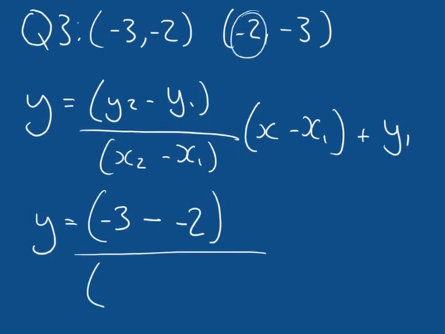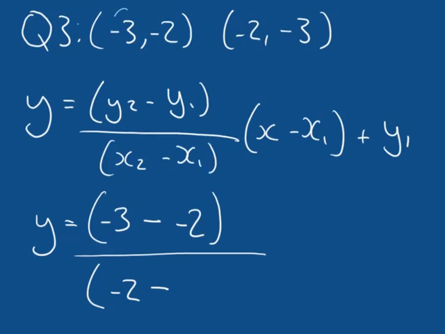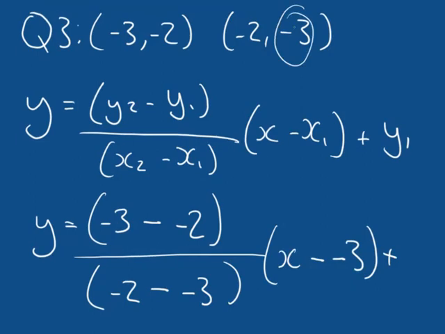x2 is minus 2, minus x1, which is minus 3, multiplied by x minus x1 we saw is minus 3, plus y1 we saw is minus 3.